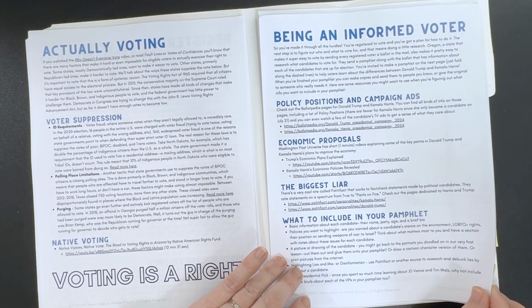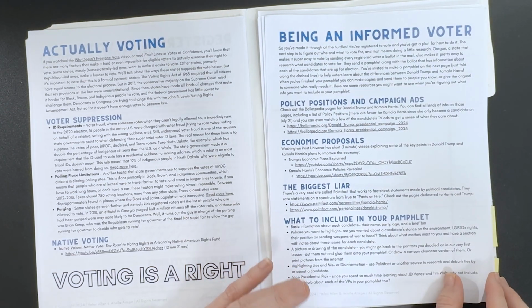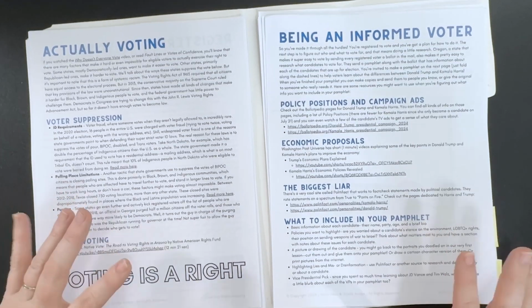So if I were doing it with high school kids, we would add a lot to this. Well, I am doing it with high school kids, and we are adding other stuff to it. This is just part of what we're doing.